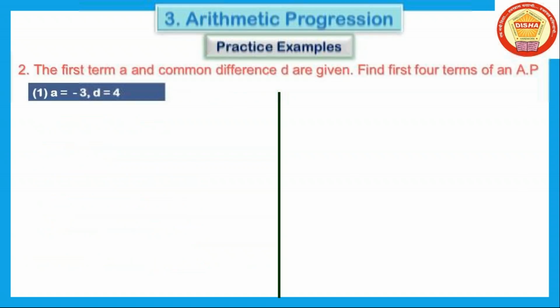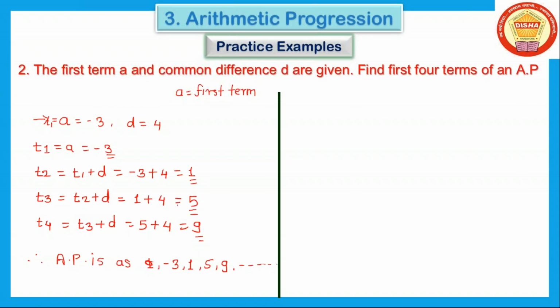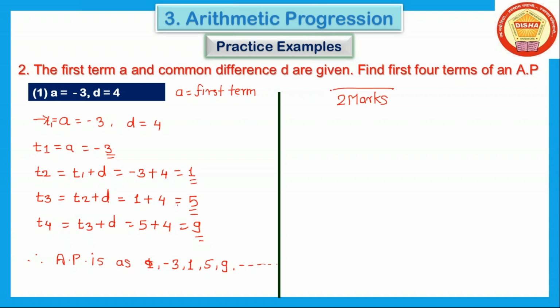Such a question is asked for 2 marks. This question is asking for 2 marks. Means to form an AP or find the first 4 terms in an AP if the first term A is given and D is given.